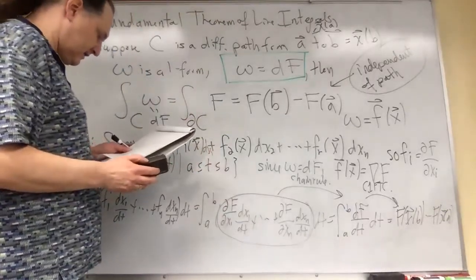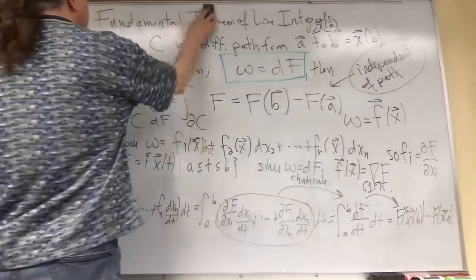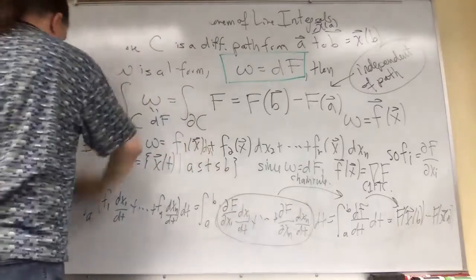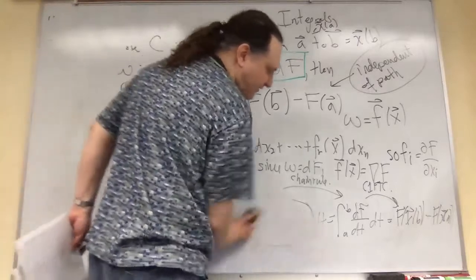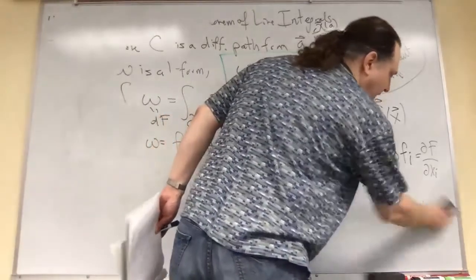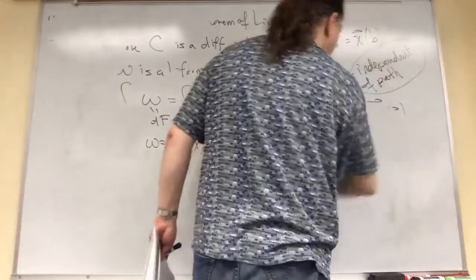I think I'm going to take pretty much all this away. So there's the fundamental theorem of line integrals. Woohoo! We're not going to just move on to the next one, though, because there's lots of interesting things we can figure out about this.